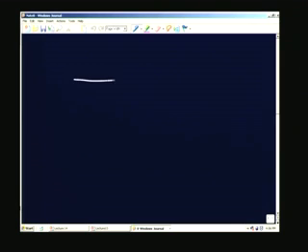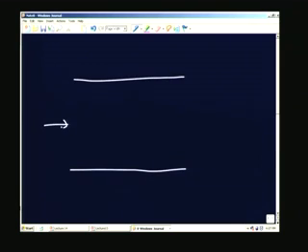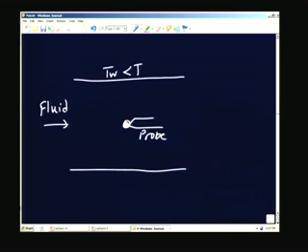Suppose I have a tube carrying a fluid and have, let us say this is the probe, this is the wall which is at a temperature less than the fluid temperature.